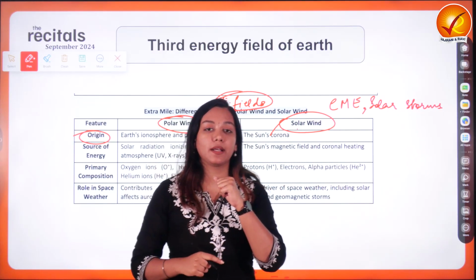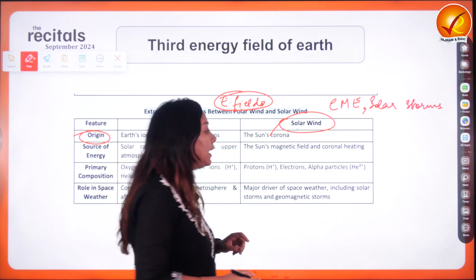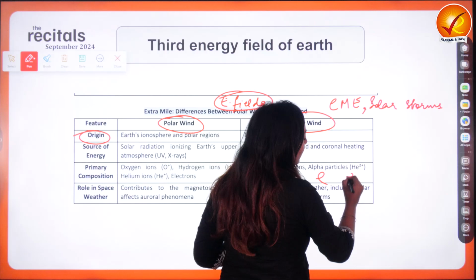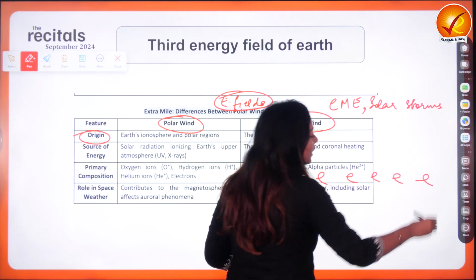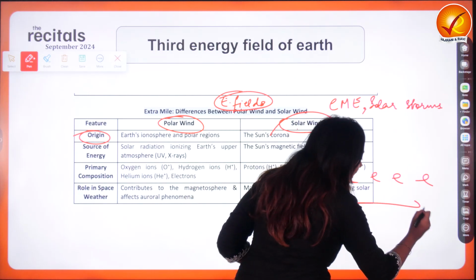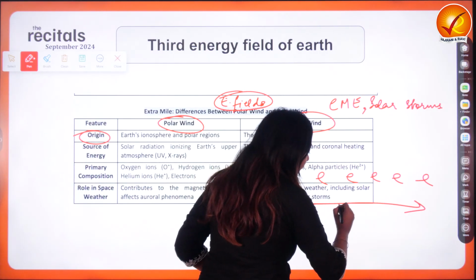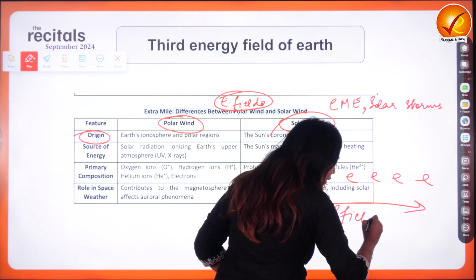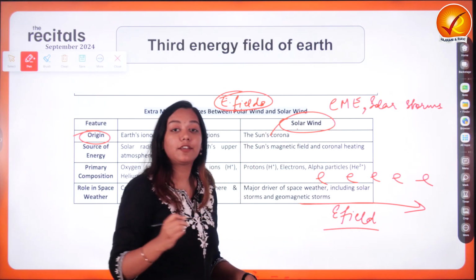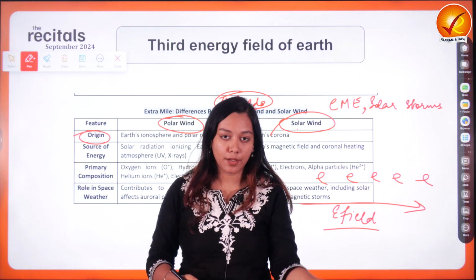This ionized particle, you remember I have already taught you in the solar storms that if I see a lot of electrons moving in some particular direction, then it creates something which is known as electric current. And this electric current will also be augmented by an electric field.